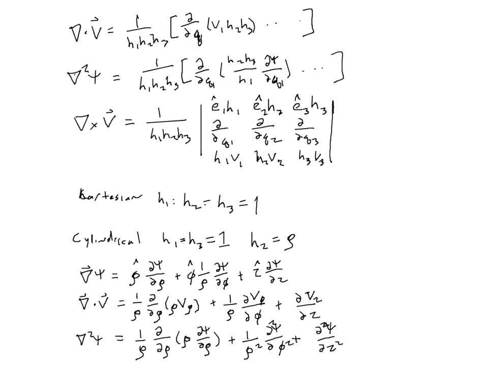So you can see here, just putting in the H values changes everything, and that's just saying we put in a different coordinate system. Now I'm not going to do the spherical coordinates, but pretty much the same thing happens there.